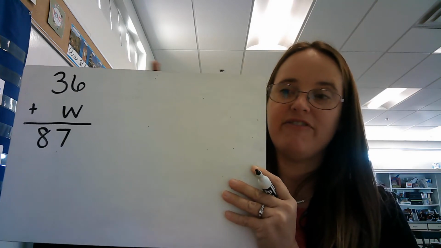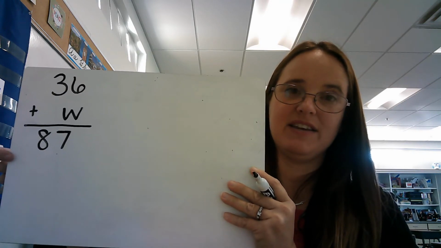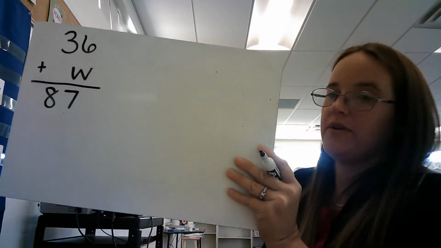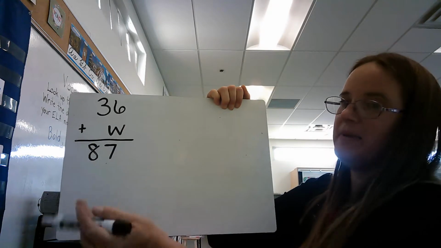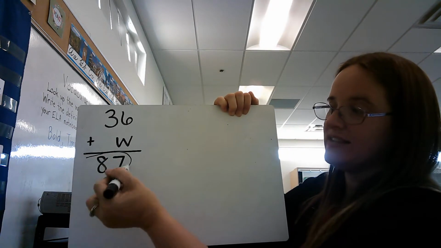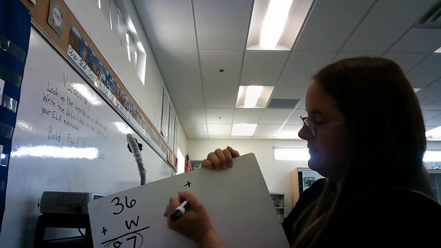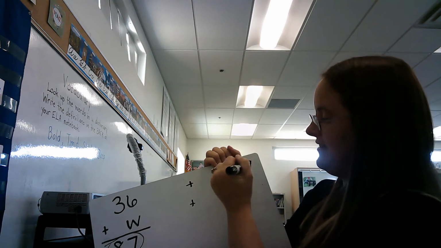We're going to make a fact family of 36, W, and 87 and see which problem is the most helpful to us, okay? So, in an addition problem, what's my biggest number? The answer, remember? So for my two addition problems, my answer is going to have to be 87.